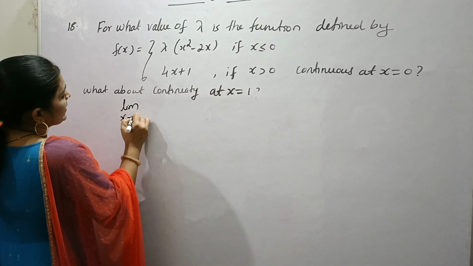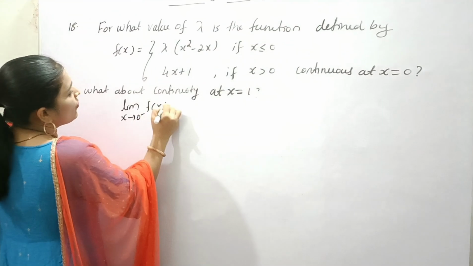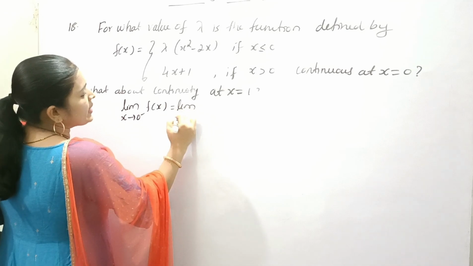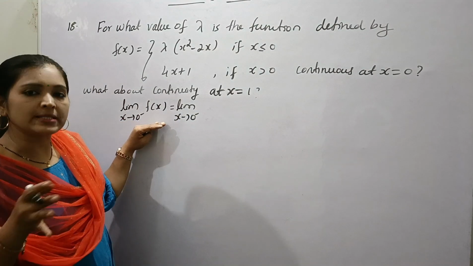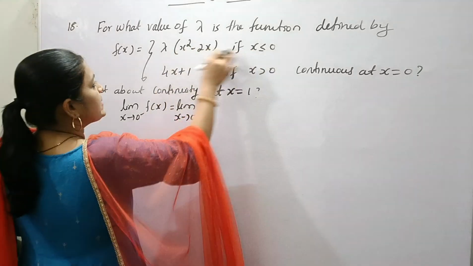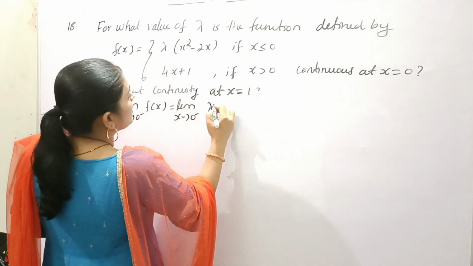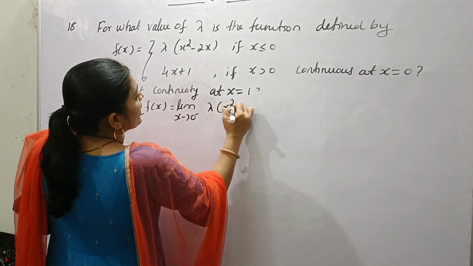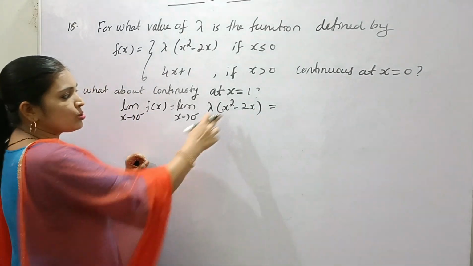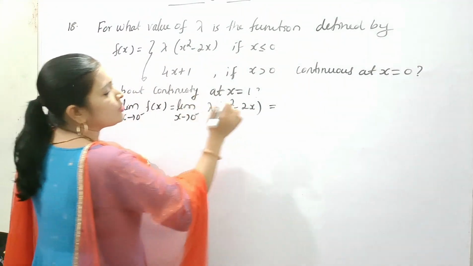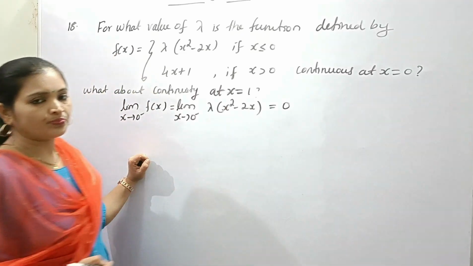Limit x tends to 0 minus f of x is equal to limit x tends to 0 minus, which means x less than 0. When x is less than 0, the function is lambda into x square minus 2x. Substitute x equal to 0: 0 minus 0, that is 0 into lambda, 0.